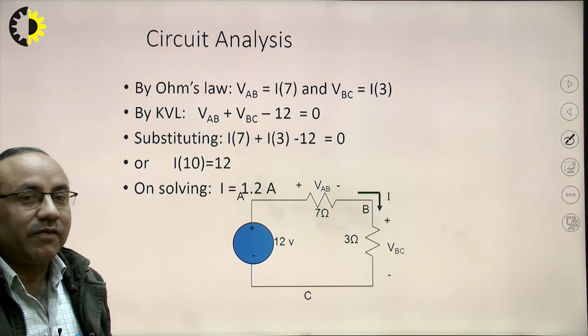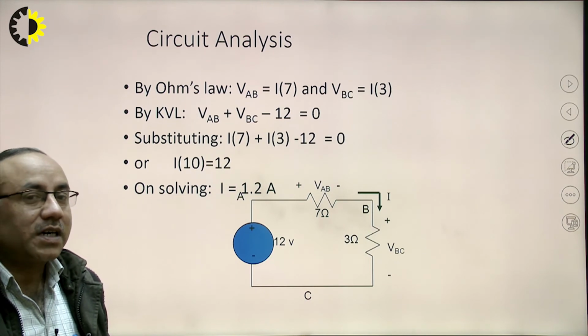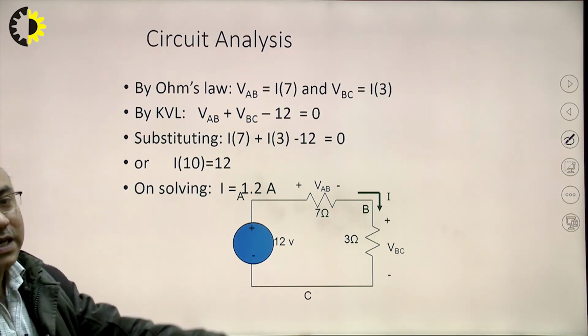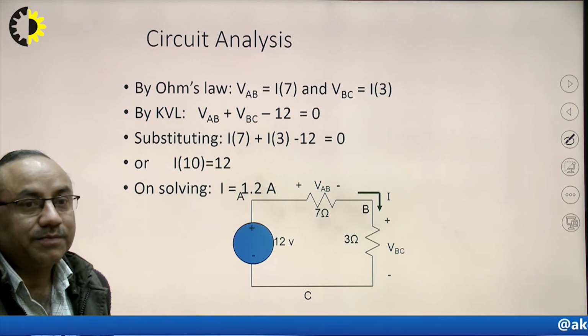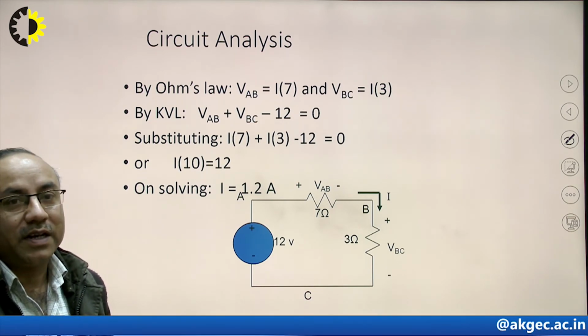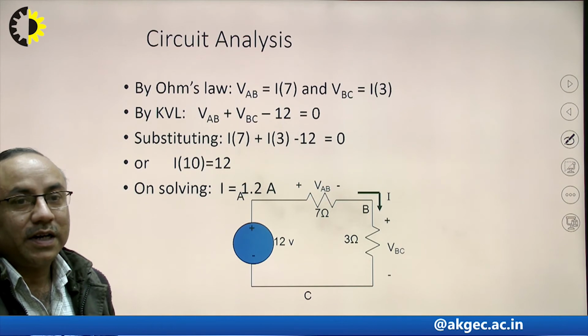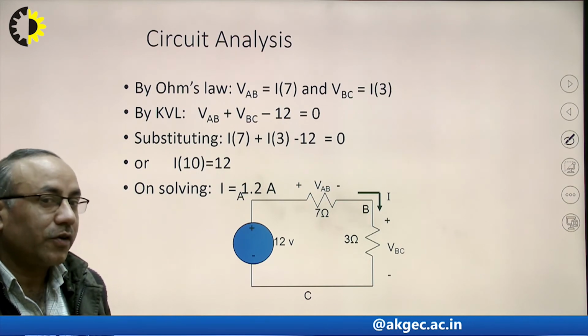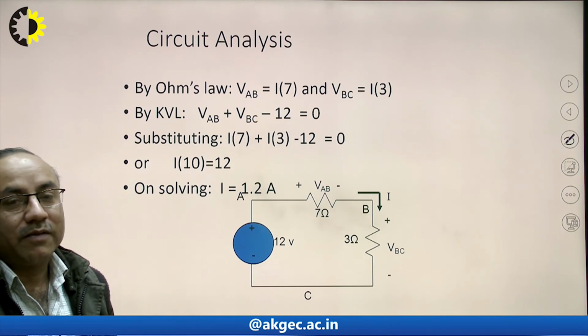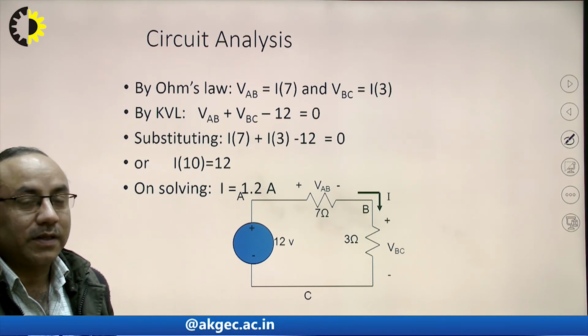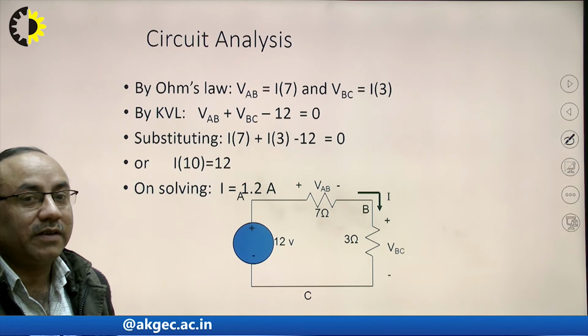So, that way we find how much current is passing in this circuit by applying KVL to this circuit. That way we apply the KVL to a given circuit. It may consist of more closed paths, more loops. Then we will apply the KVL for all those loops in order to solve the circuit in the same manner as we have done for this loop.